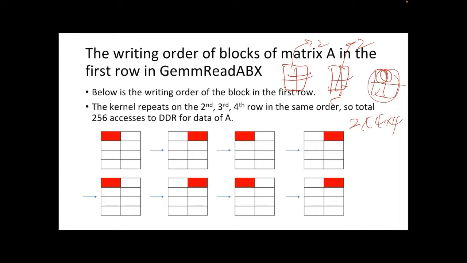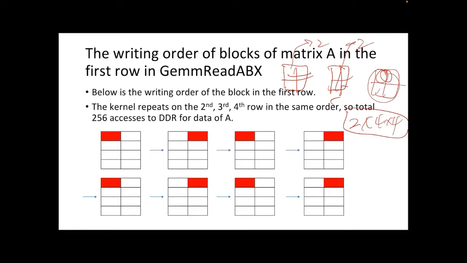What I mean is the block is not saved in the local buffer. It is saved, so this is the naive case. Actually, this function accesses less than the naive case because we use block.